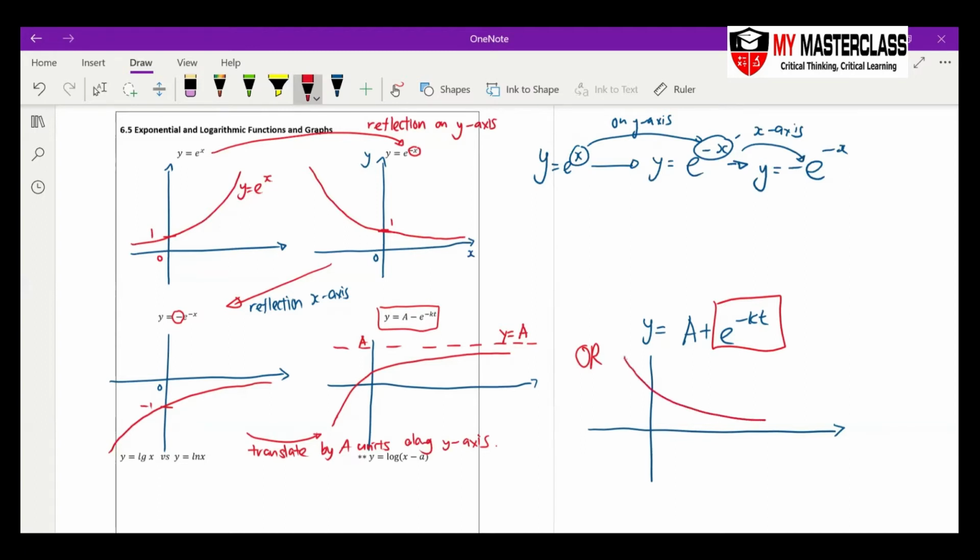So this is y equals e to the power of negative kt. If you add something upwards, the green one is with the a, then you'll become here, and there's an asymptote. So this is y equals big A. The green one would be the whole thing, y equals a plus e to the power of negative kt.